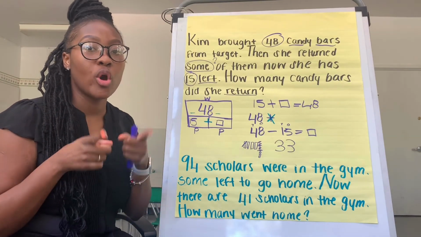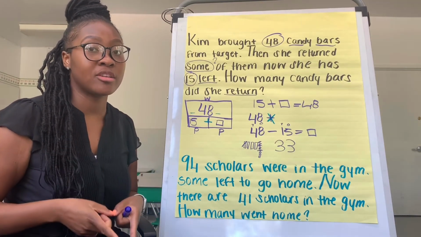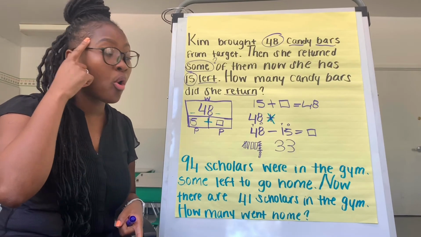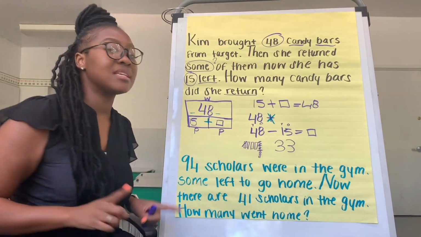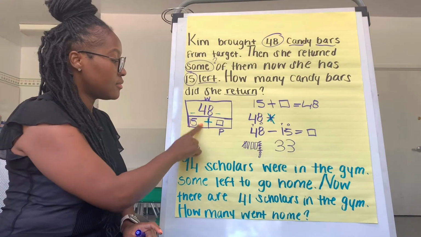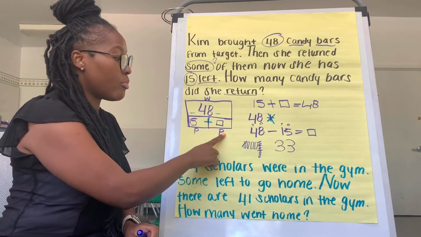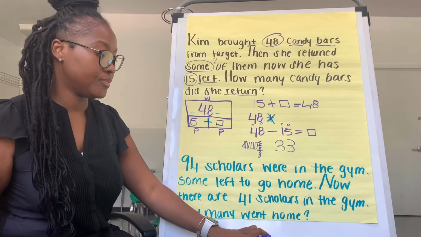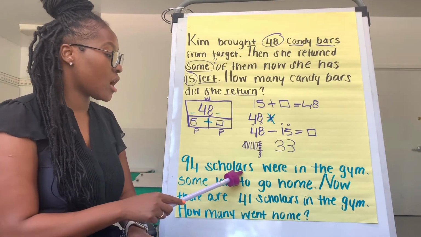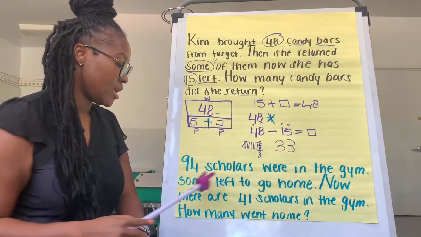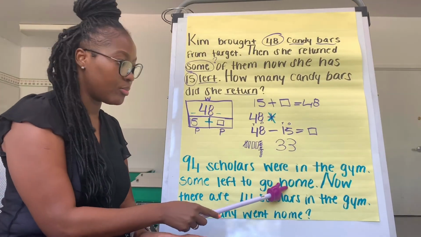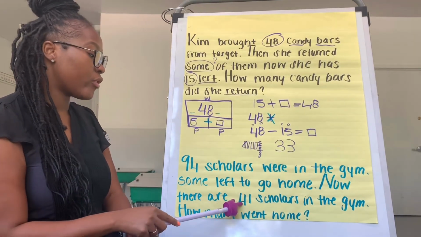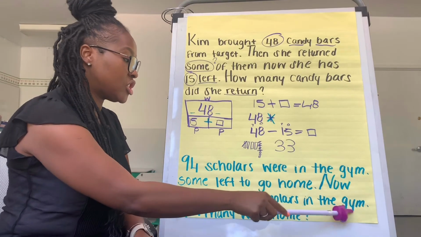Now it is your turn to use that same count back strategy, starting with the whole, counting back the part to figure out our unknown part. Here's a story problem you're getting ready to do on your own. 94 scholars were in the gym. Some left to go home. Now there are 41 scholars in the gym.